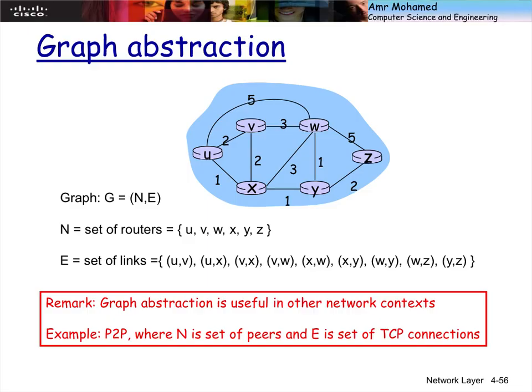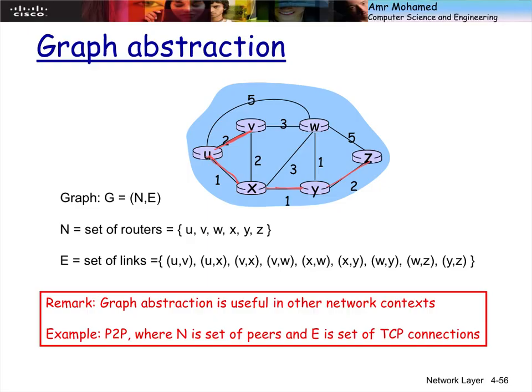So remember, in the routing table, what I actually need is: from U to Z, I need to go here, and then here, and then here. If I need to go to X, I need to go here. If I need to go to Y, I need to go this way and this way. Okay? What if I need to go to V? I will go this way.